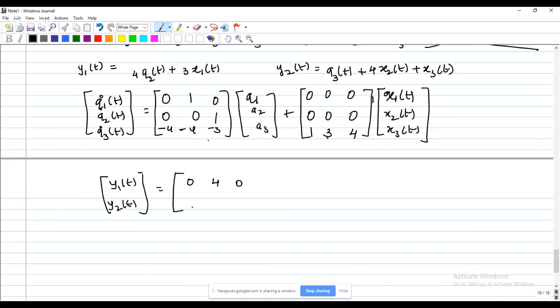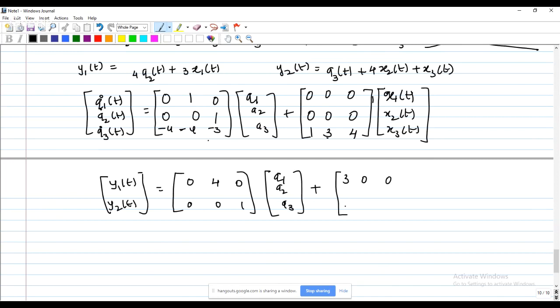Y2 is having q3 and no q1, no q2, with 1 as a variable, plus the input. Over here we have x1, we don't have x2, we don't have x3.